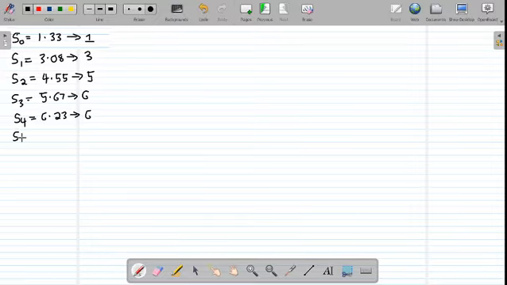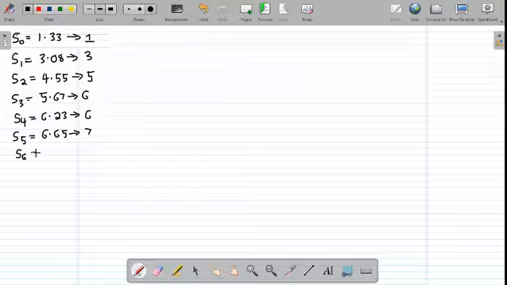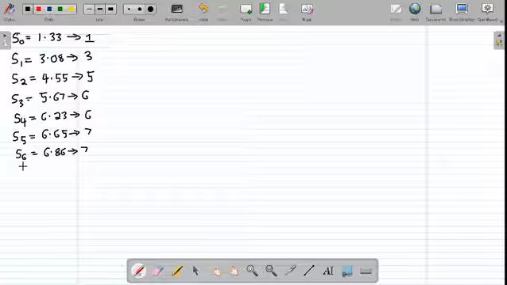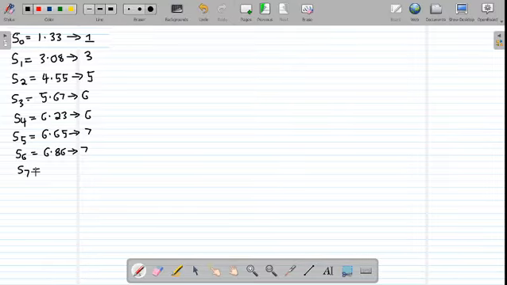S5 is 6.65, rounded off to 7. S6 is 6.86, rounded off to 7. S7 is 7.00, which is kept as 7 itself.